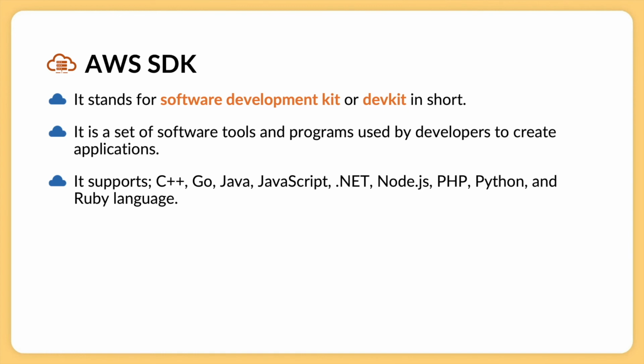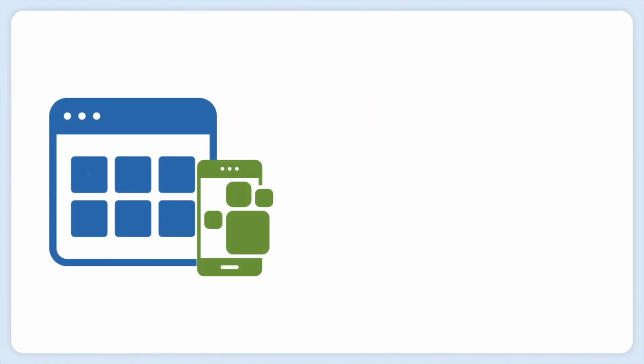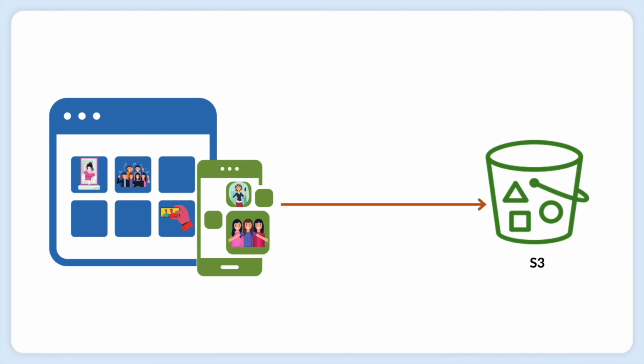Let's understand this with an example. Assume you are developing a mobile application that will allow users to share their photos. For that, you will be using Amazon S3 as the storage. We will talk about S3 in detail in another module. But in this case, your application needs to interact with AWS Amazon S3 service, right?